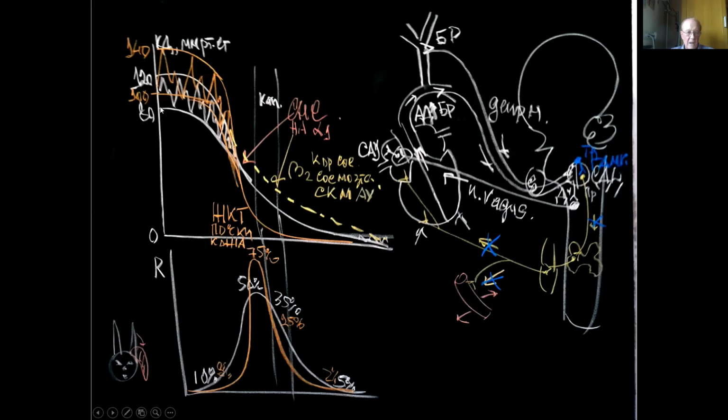In the aorta, the systolic pressure is 120 millimeters of mercury, and then the diastolic. You see the waves, anacrotic, catacrotic, dicrotic; then the blood pressure decreases normally. And in the vena cava, it is near 0, 1-2 millimeters of mercury.